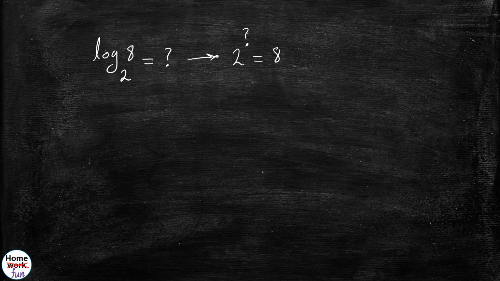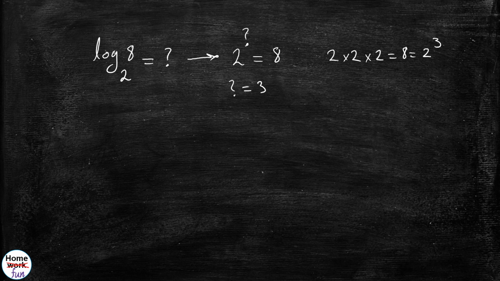So here's what we have to find: 2 to the power of what equals 8? 2, how many times multiplied by itself would equal 8? So we know 2 multiplied by 2 is 4, multiplied by another 2, that's 8. So that's 2 to the power of 3. So the question mark is 3. That's the answer of the log.